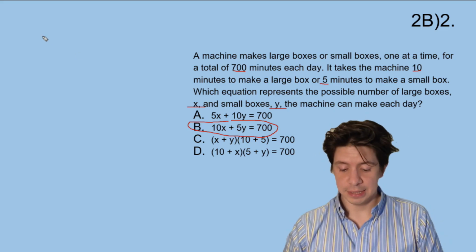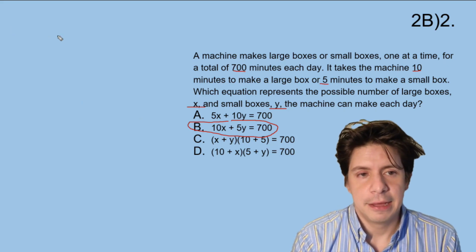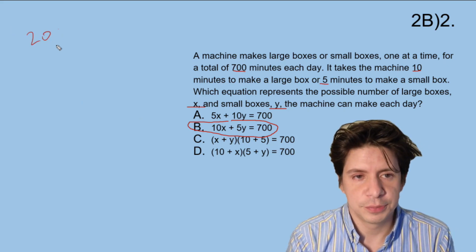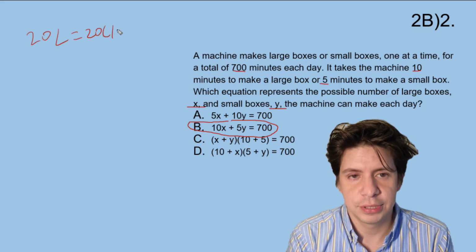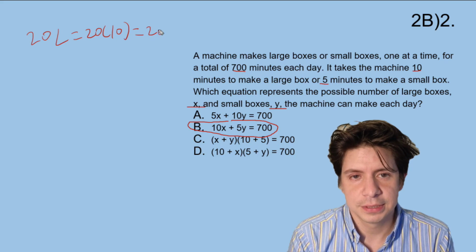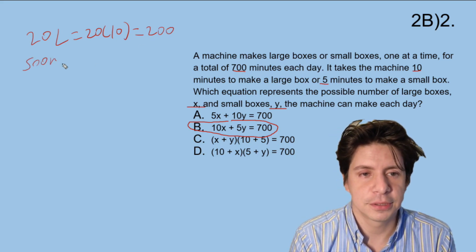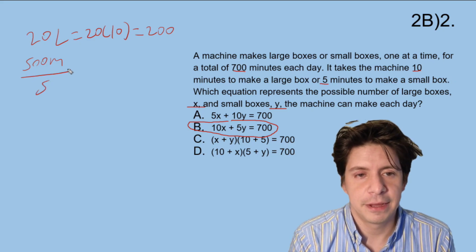And you can even check that that works, right, by saying, let's say you have 20 large boxes. That would mean the total time would be 20 times 10, which gives us 200 minutes. And that leaves 500 minutes for the small boxes. If we divide by 5, that would give us 100.